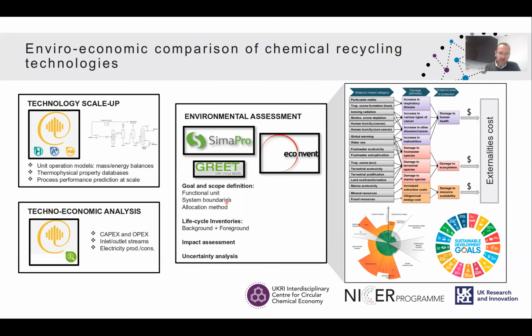So these impacts may be at the midpoint level, for instance, represented here, which includes greenhouse gas emissions, water use, or fossil resource consumption, or they may as well be further aggregated into endpoint damage areas which, for instance, relate to damage to human health or damage to resource availability.